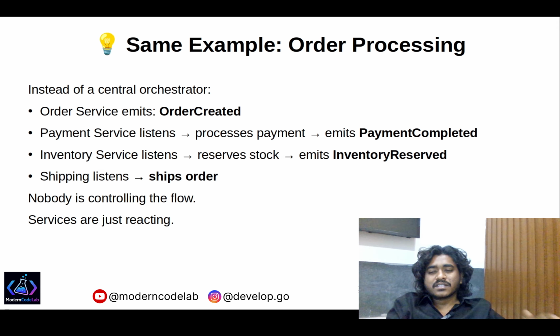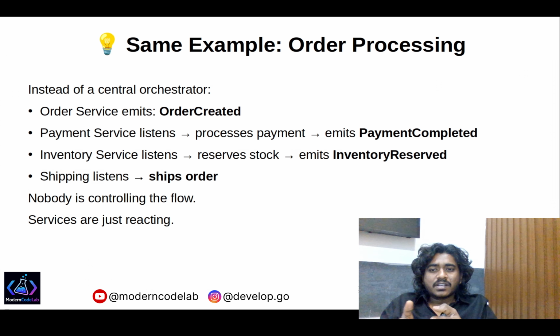Instead of a central orchestrator, each of these services will be dealing with some events. The very first service that we have discussed is the order service. Instead of the orchestrator giving anything to the order service, the order service itself, when it receives an order from the user, emits order created, which is an event. The other services, the payment service, inventory service, and shipping service, will be listening to those events.